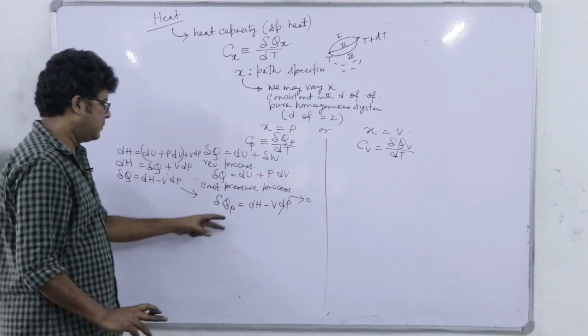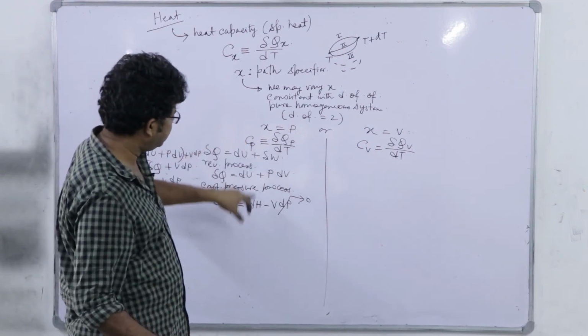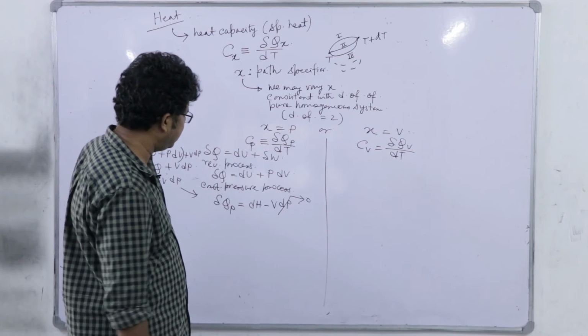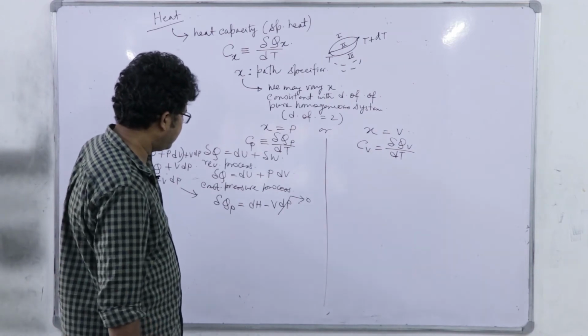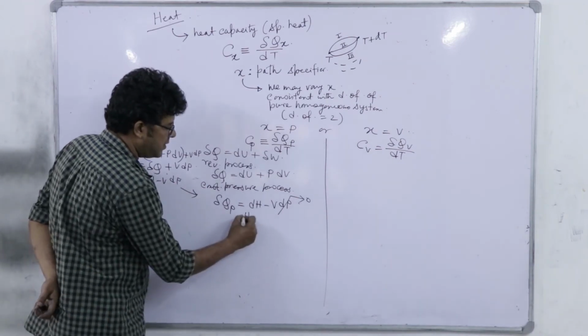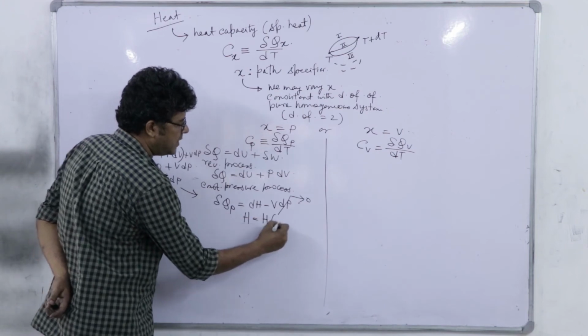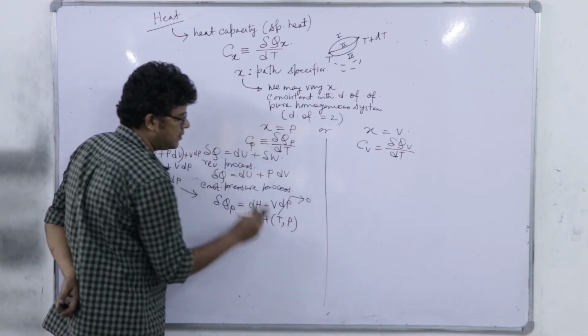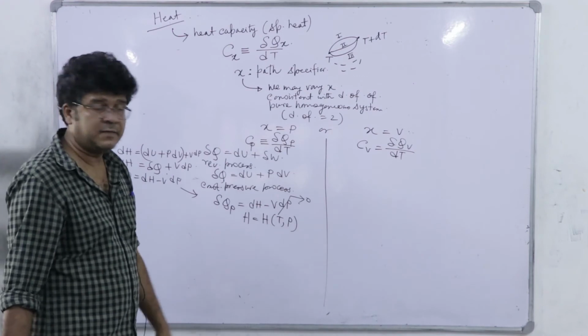Now again, we have to finally express this in terms of Cp. H is a state variable, so it must be a function of two primary state variables.